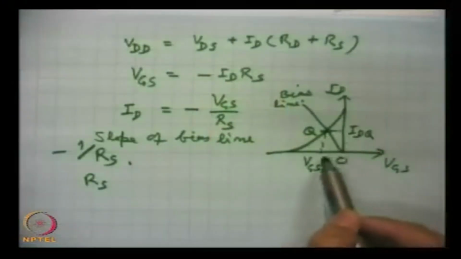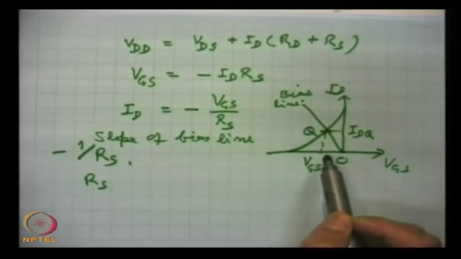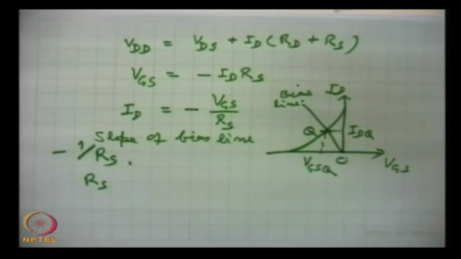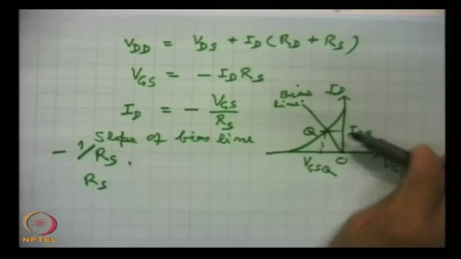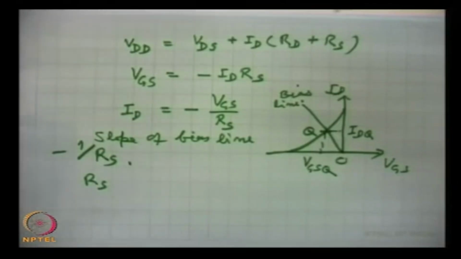Now, a few points we discussed when we were discussing the bipolar transistor and its circuit we will recall from there: these are the DC values, and normally in an amplifier we will use AC signals. So, the variation of current will occur taking this DC value at its center.